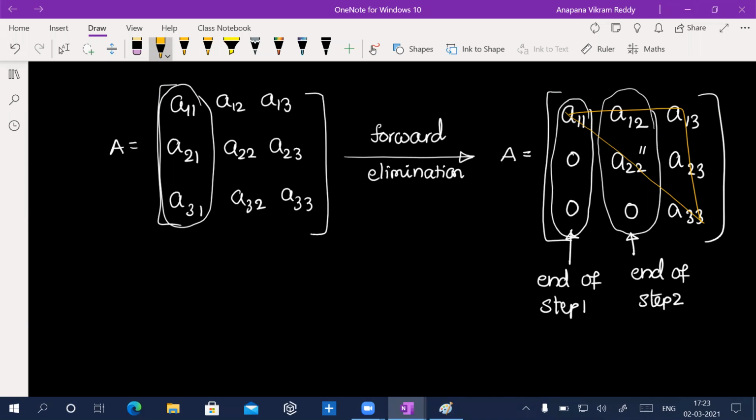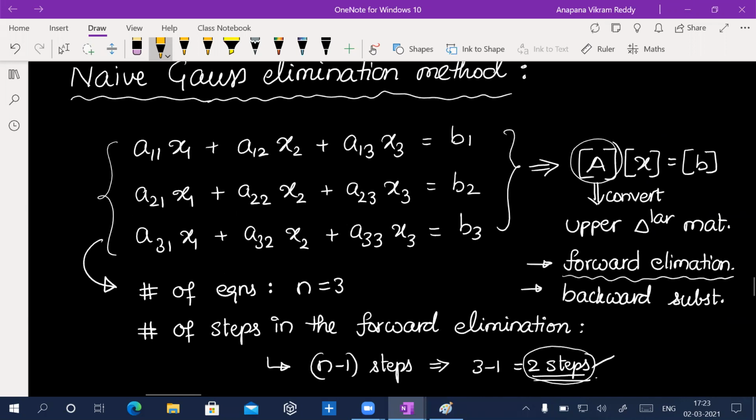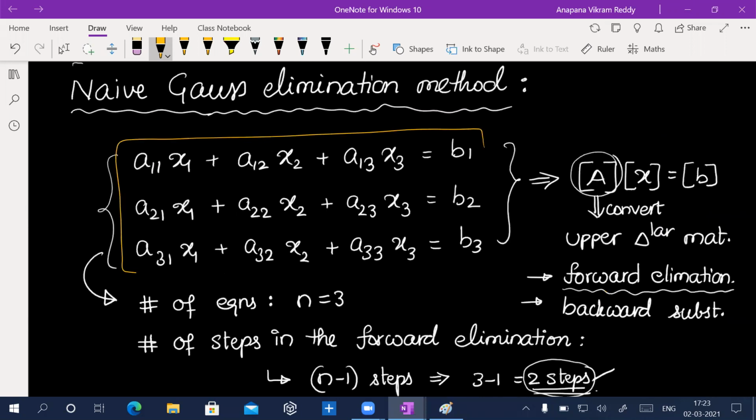Then backward substitution, I think you already know how to perform that. Now we will start doing things. I'll take my system of equations like this, a system of 3 linear equations.